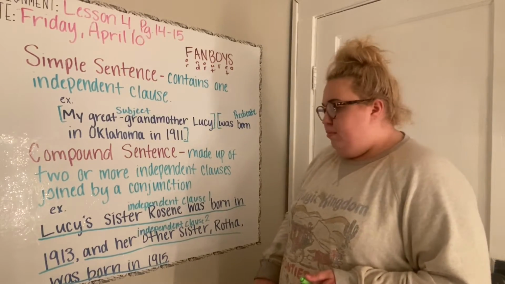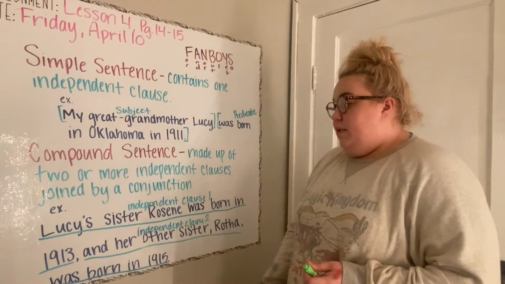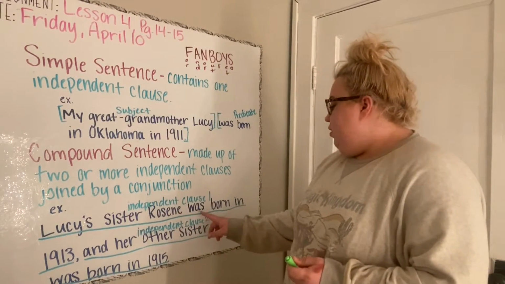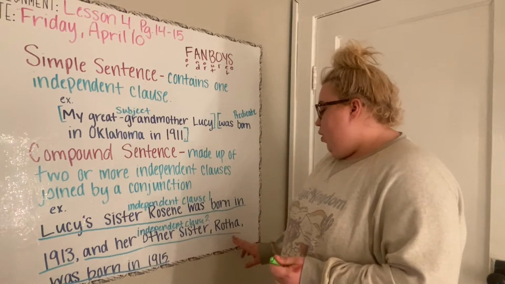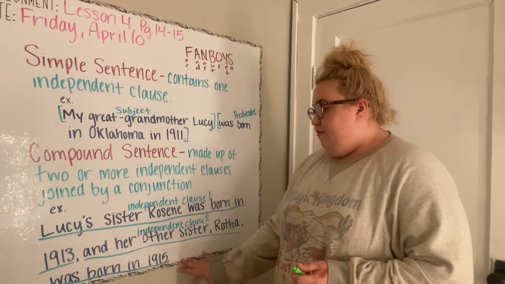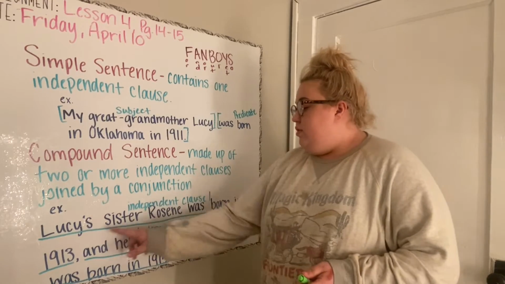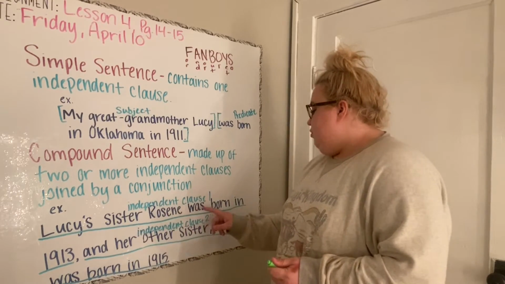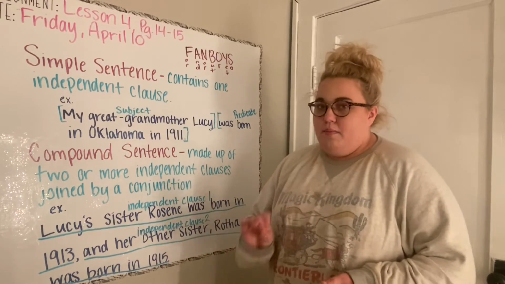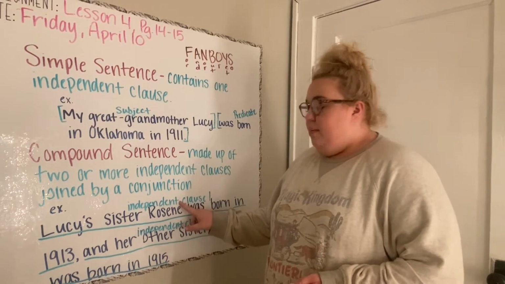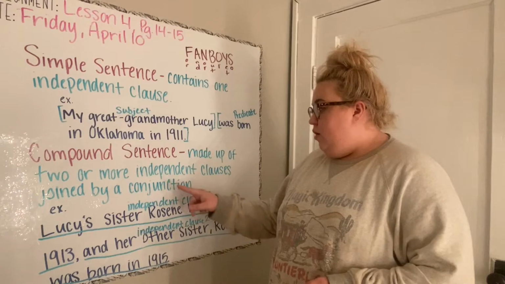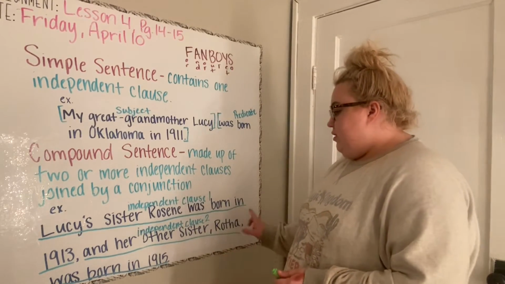So a compound sentence, again, is made up of two or more independent clauses, and is joined together by a conjunction. So if we look at the example, it says Lucy's sister, Rosine, was born in 1913, and her other sister, Rotha, was born in 1915. So Lucy's sister, Rosine, was born in 1913, and let's say we had a period there. That makes sense on its own. That's independent clause 1. Okay, so we need two or more independent clauses.